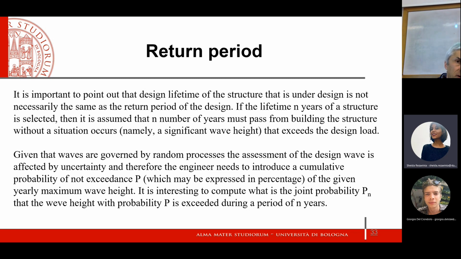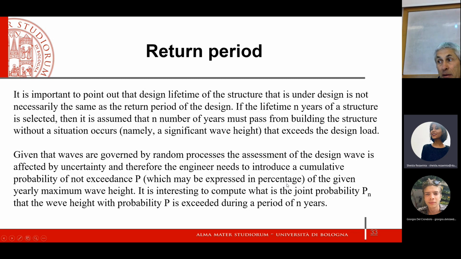Because if we want to reduce the probability, we have to increase the return period with respect to the lifetime. Let me just explore and compute, because it's an interesting experiment.